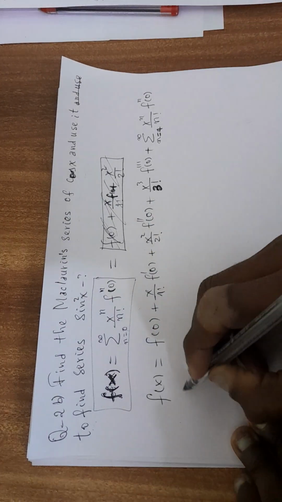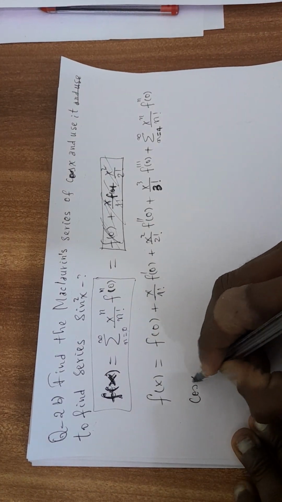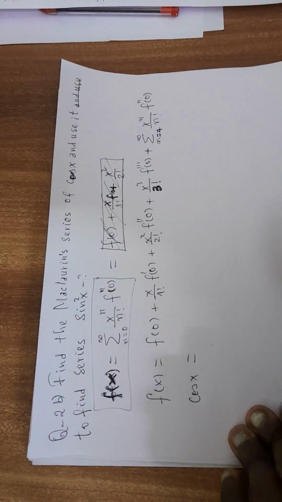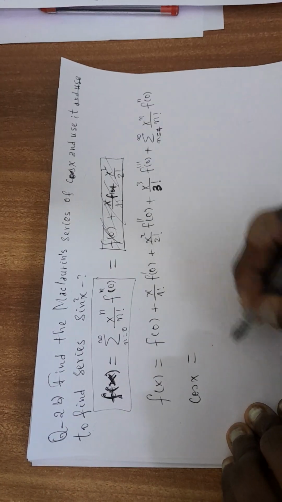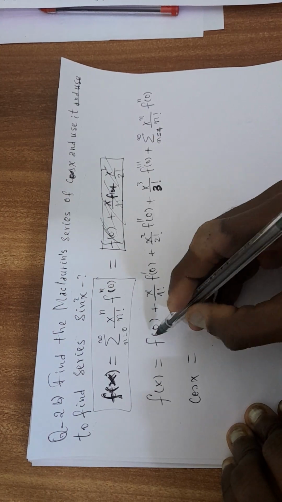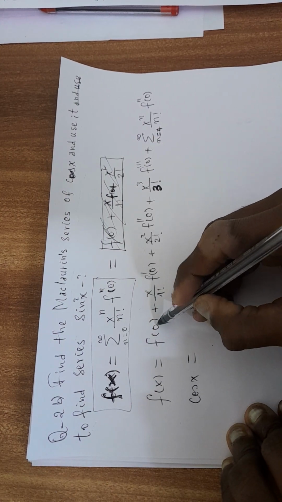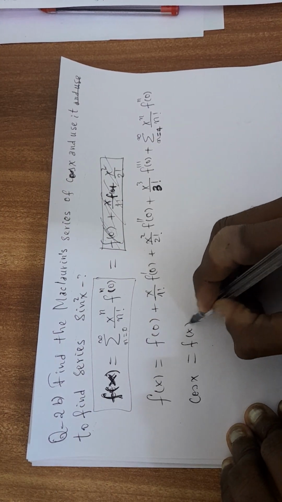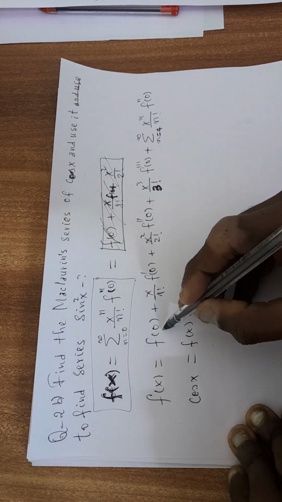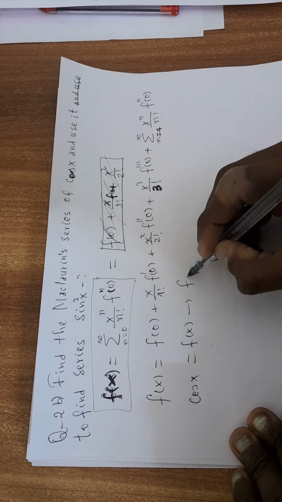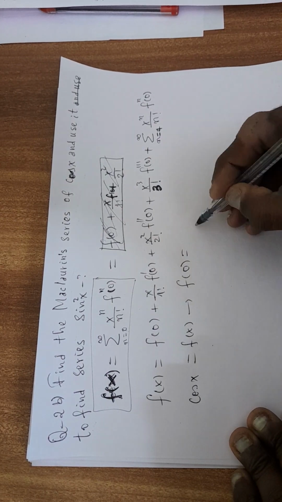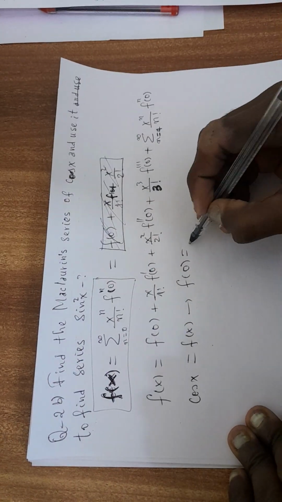Now suppose f(x) is cosine of x. What will we get for cosine of x? I will first work out f at 0. They say f(x) is cos x.